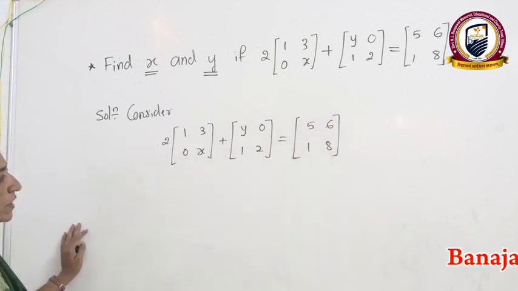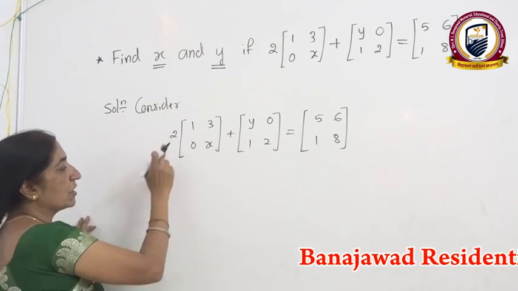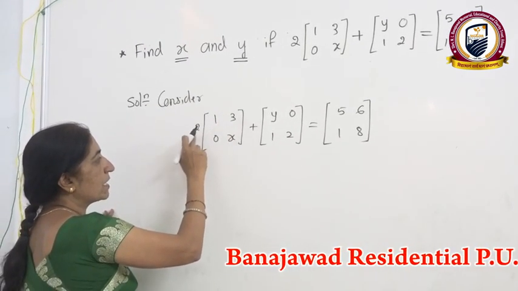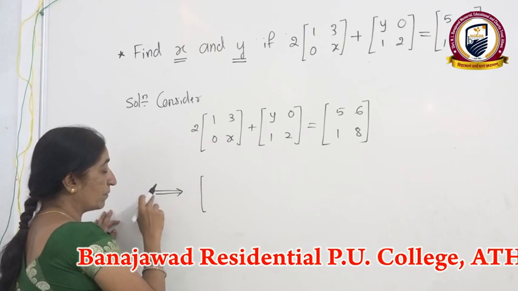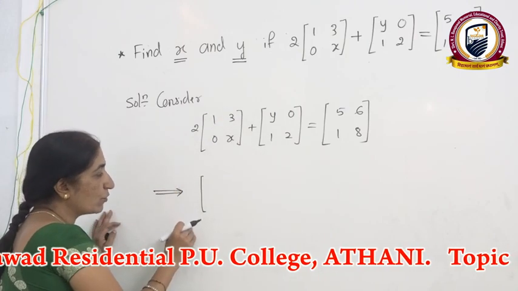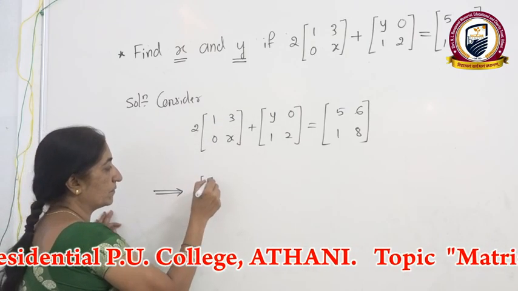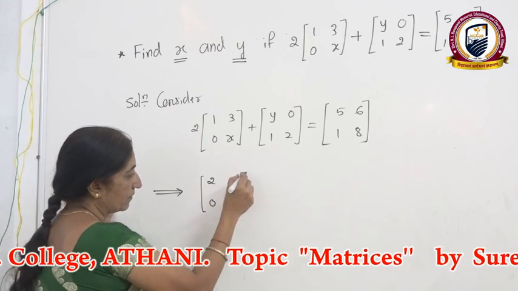So after writing the whole expression as it is, here it is nothing but scalar multiplication. Each element is multiplied with 2. So write that down. Remember, it is not equal, it is implies. That means after multiplication, whatever you are getting, that we are writing here. Each element.